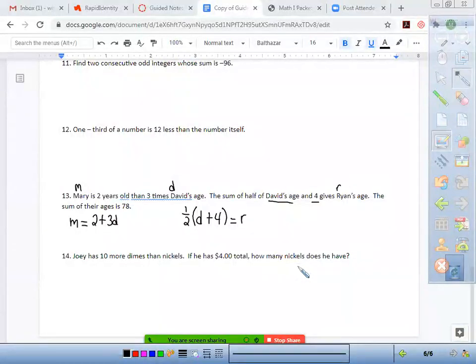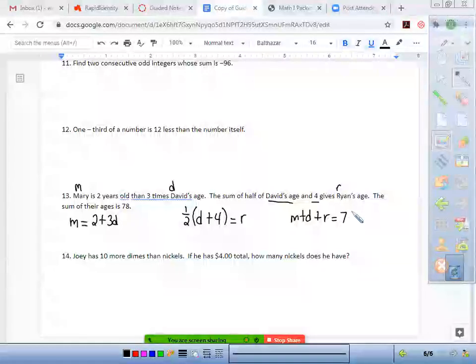The sum of their ages is 78. So we're talking about everybody. So that's going to be Mary plus David plus Ryan equals 78. And this is probably the hardest one you would probably come across.